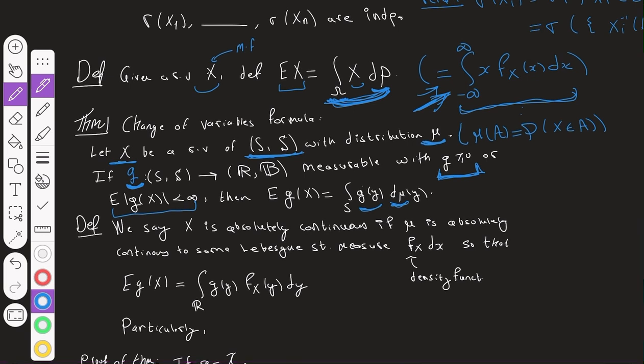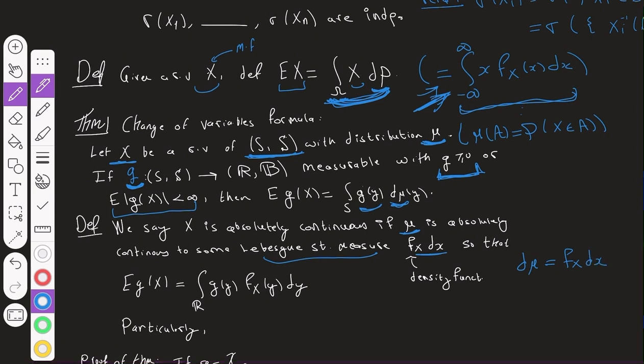So remember from measure theory, we say mu is absolutely continuous with respect to some Lebesgue-Stieltjes measure f sub x dx if d mu is equal to f of x dx.